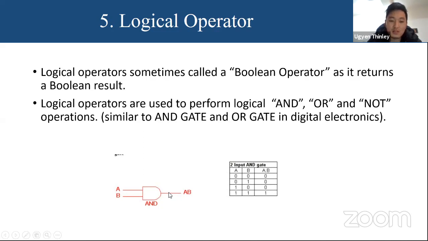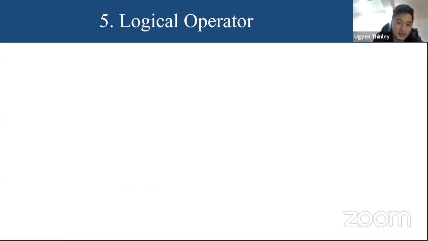There is only one situation where the result of an AND gate will be true: when input A is true and input B is true. Otherwise, when input A is 1 and B equals 0, the result will be false, that means 0.